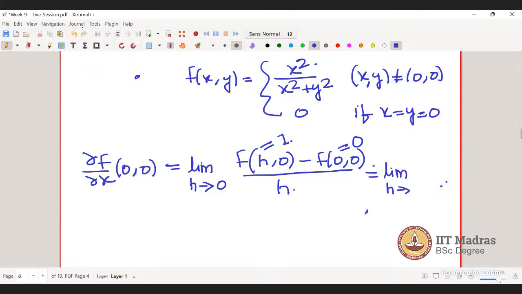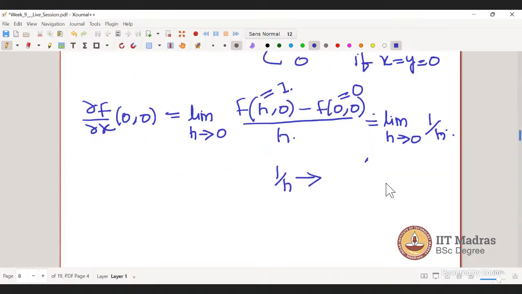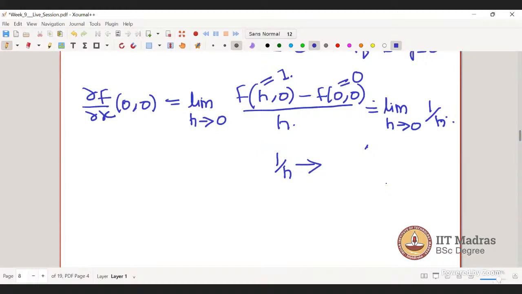Is it 1 by h as h tends to 0? It is 1 only, no? No. How come? If h tends to 0, the denominator becomes very small, so you get something bigger.